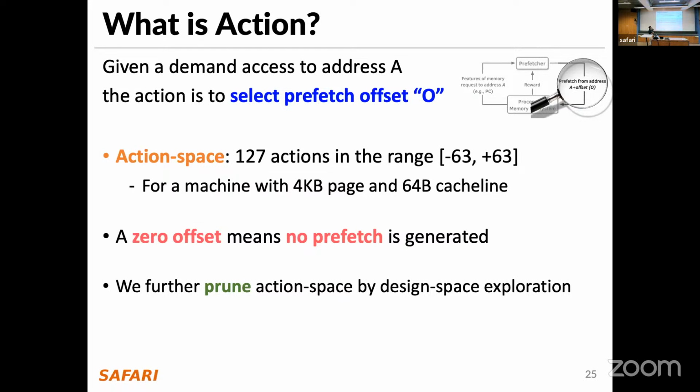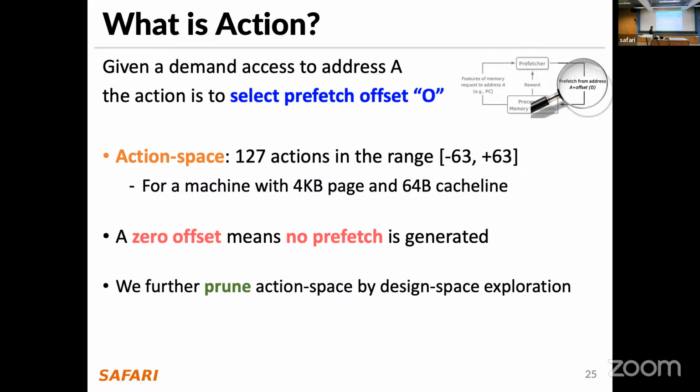Because if we design a prefetcher in the physical address space, we normally do not cross the physical page boundary. So inside a physical page of size 4 KB, how many cache lines can you fit? It's 4 KB divided by 64 bytes, which is 64 itself.